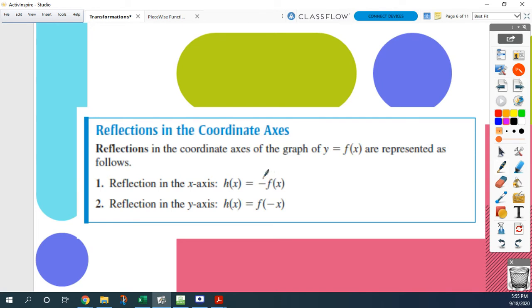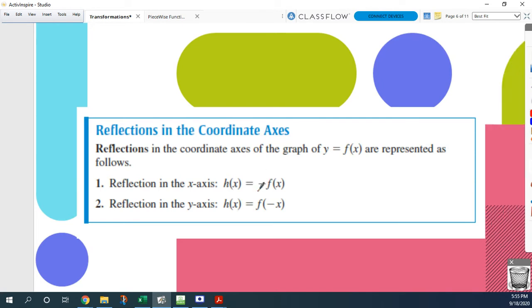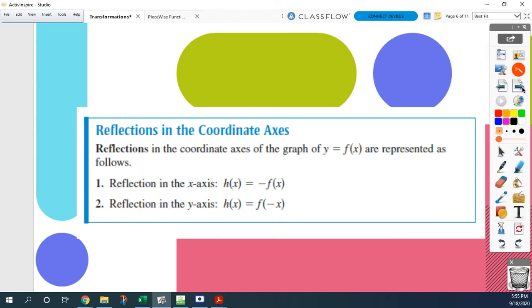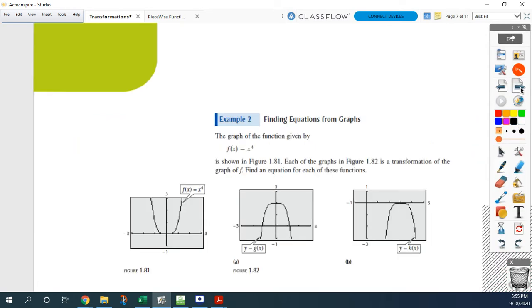So if I'm multiplying by a negative to the outside of our function, it's going to reflect it across our x-axis, or it's going to reflect it vertically. If the negative is on the inside of our function, it's going to reflect it across our y-axis, or basically horizontally. So let's look at what that would look like for a graph.